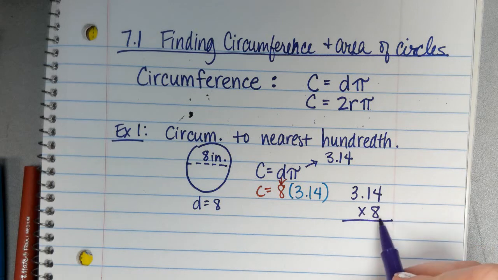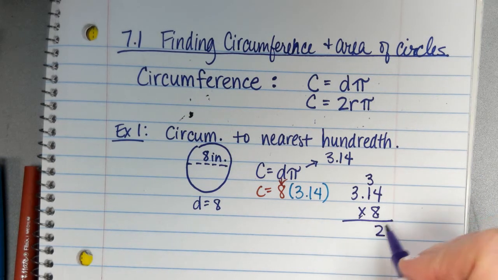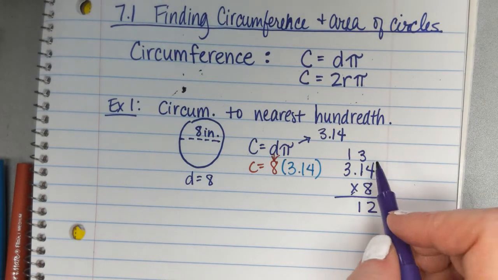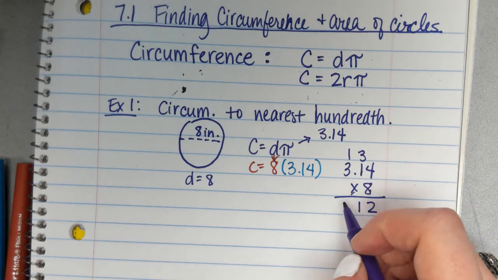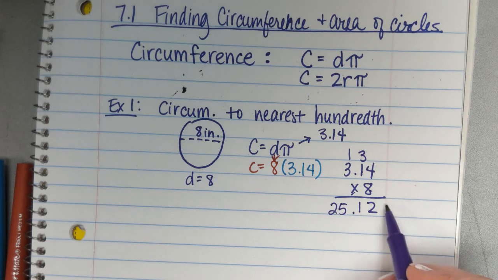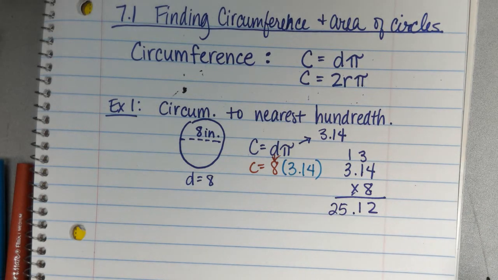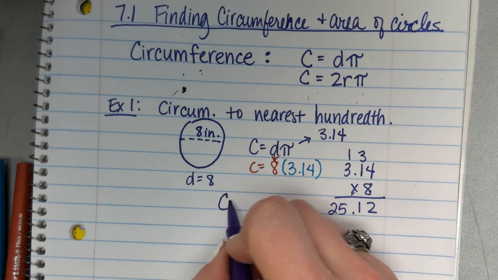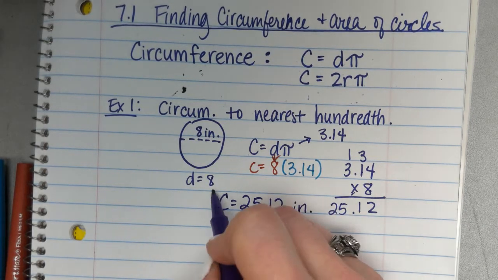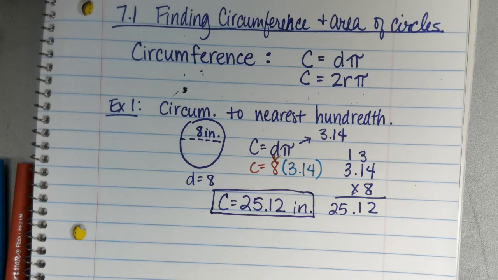And you would answer that, 25.12, and we're already to the nearest hundredth, two numbers after the decimal. So our circumference is 25.12. Remember to put that unit back on there at the end, and there's your answer, 25.12. So that was a pretty easy problem there.